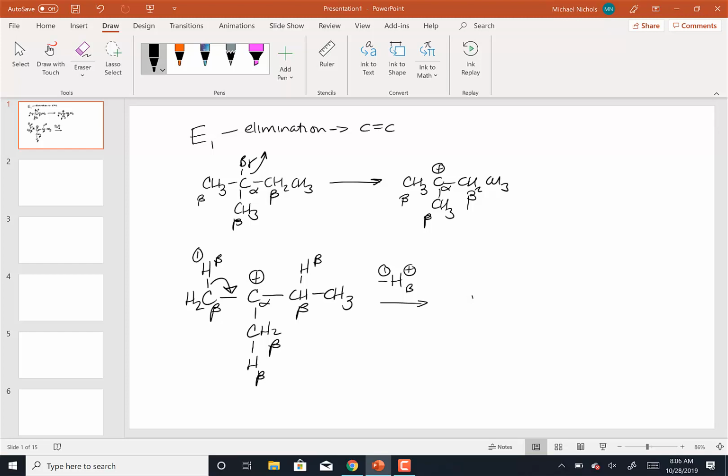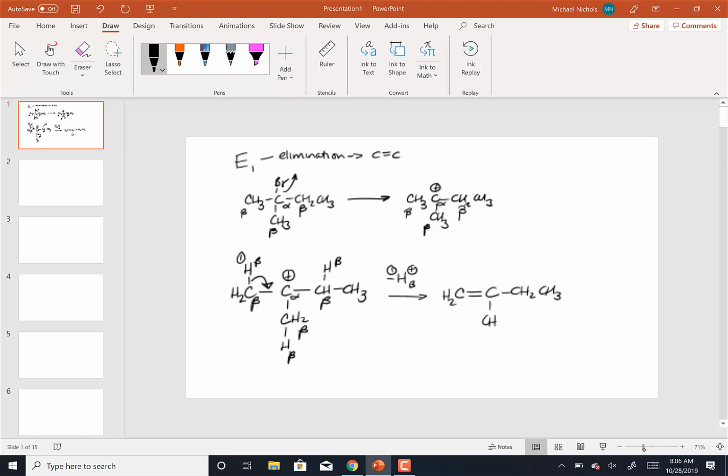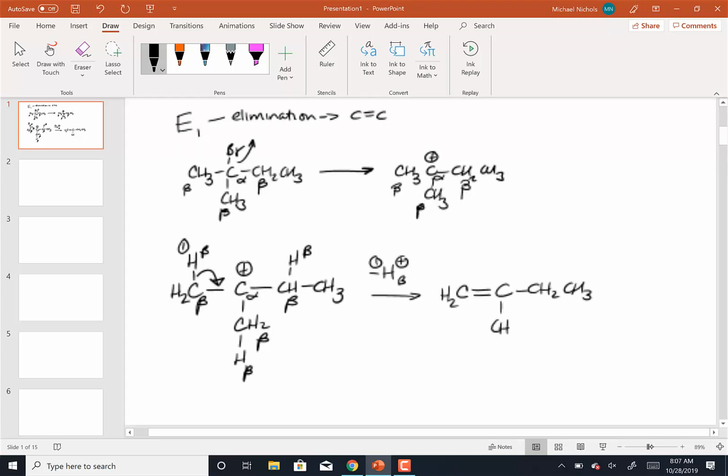And so when I do that, I'm going to end up with the double bond there to that carbon. And so I'm going to form a double bond between those two carbons.